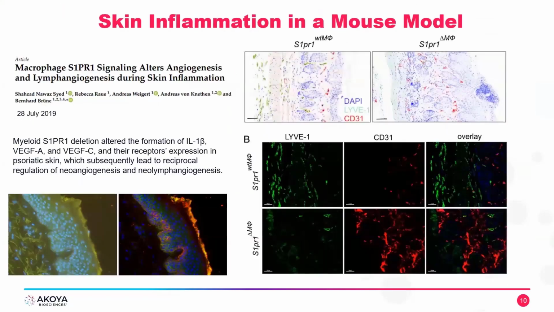Now, this is an example where people used, or the group in Frankfurt of Andreas Weigert and Bernhard Brüne, they worked on inflammation in a mouse model. And although you don't have such a high amount of markers here, the mouse skin is quite difficult because it has a very strong autofluorescence in there.